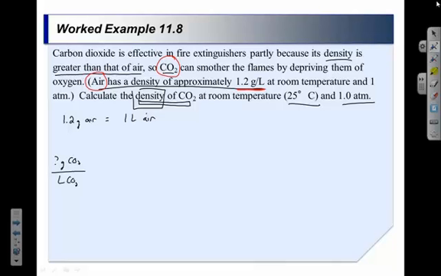So how do I get that? What do I do? Are there any relationships? Can I use the ideal gas law?